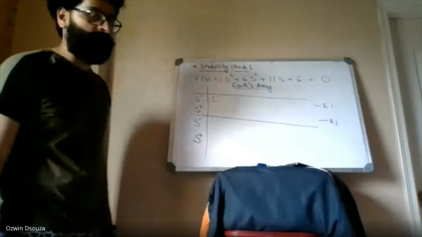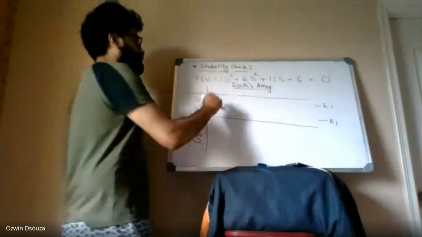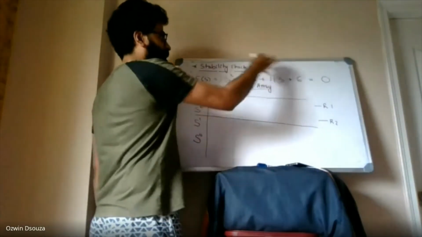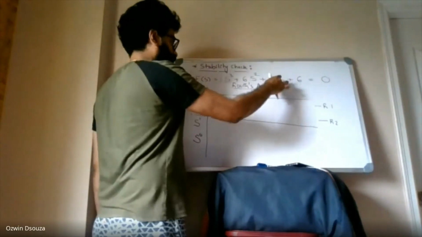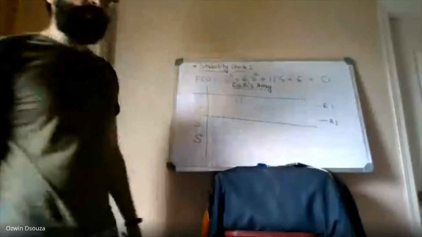So write down 1. Then you skip s square and go to s to the power 1, so the next coefficient is 11. That's all you have. So that's your row 1 element.